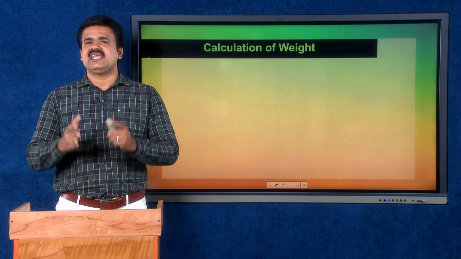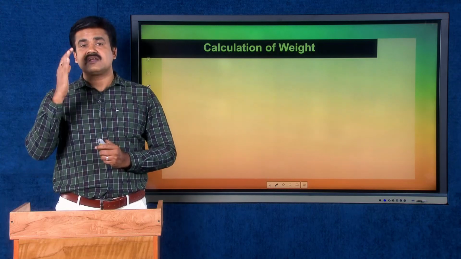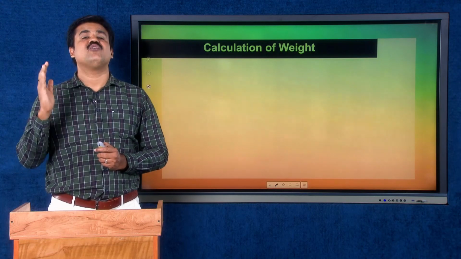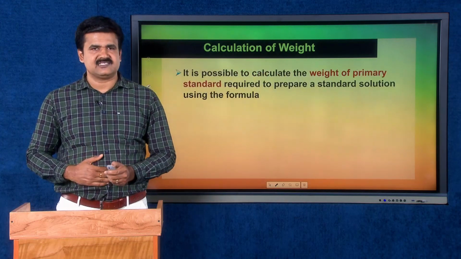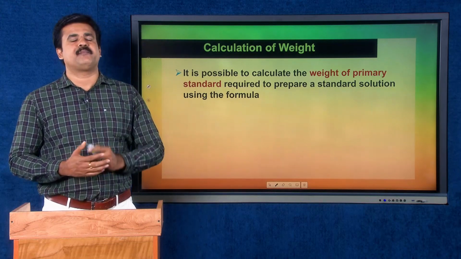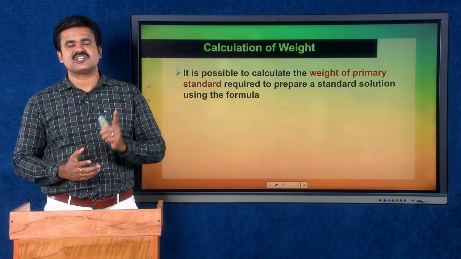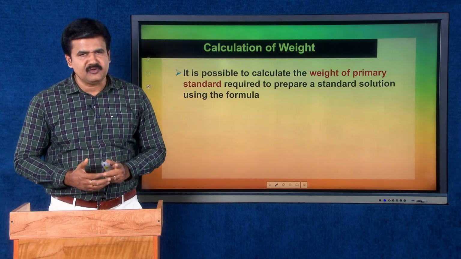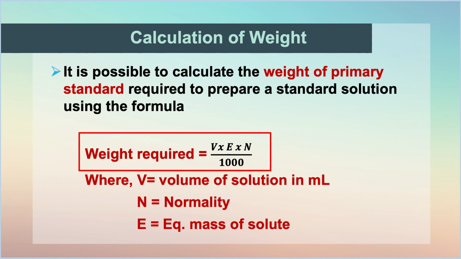Now, a very important part of this discussion is nothing but weight calculation in volumetric analysis. It is possible to calculate the weight of primary standard required to prepare a standard solution using a particular molecular formula, and the weight required will be equal to volume into equivalent weight into normality divided by 1000.